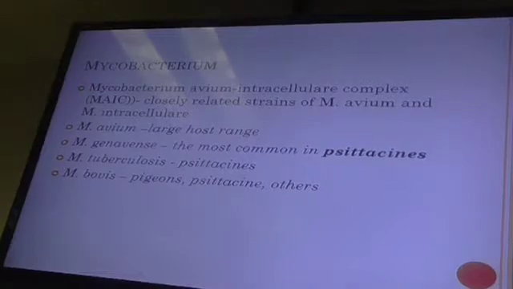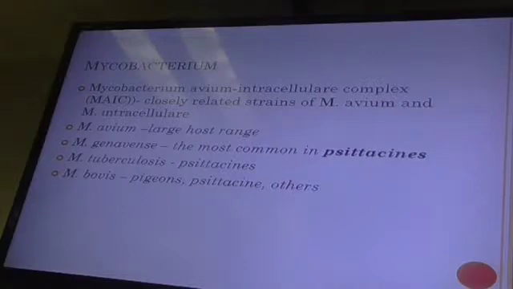All right, so the next bacterial disease is Mycobacterium. There are different subspecies that we see in birds. So Mycobacterium avium, genevense, tuberculosis, and bovis are all the different types that you can see in birds.